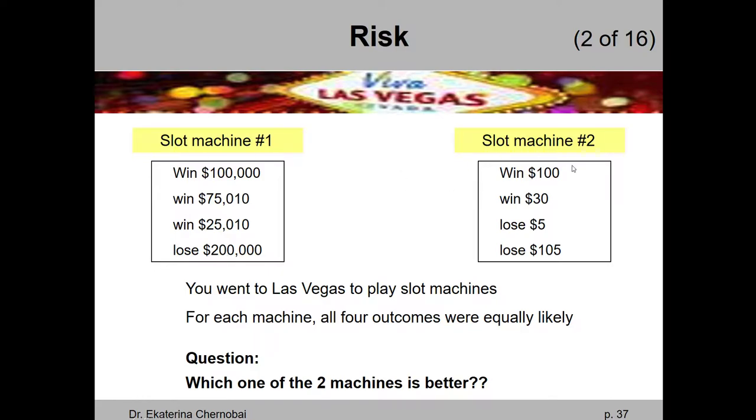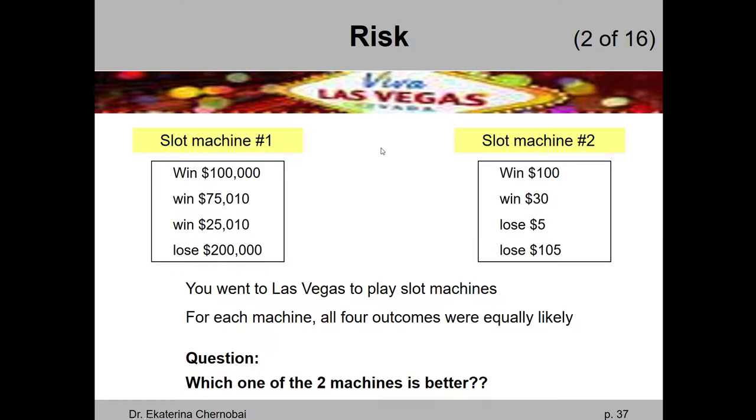If you instead play machine number 2, you can either win $100 or win $30 or lose $5 or lose $105. So these are the 4 possible outcomes for the two machines, and they are randomly repeating, so we can say they are equally likely, right?